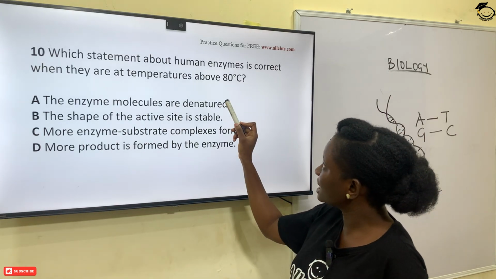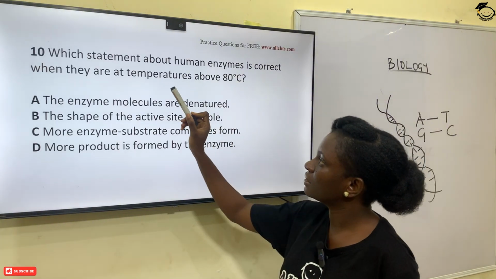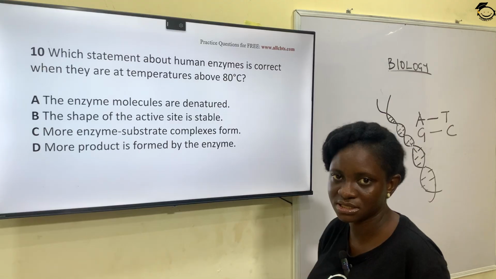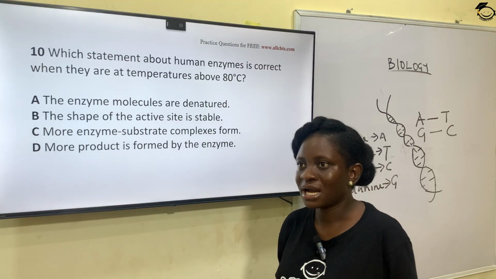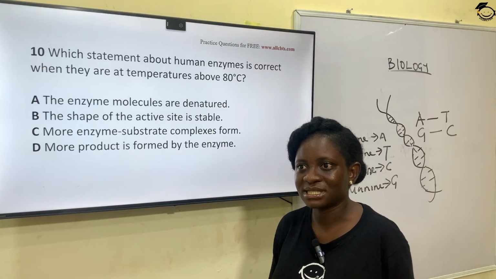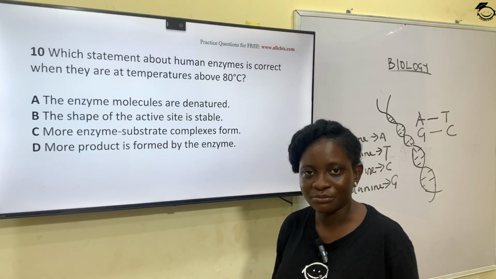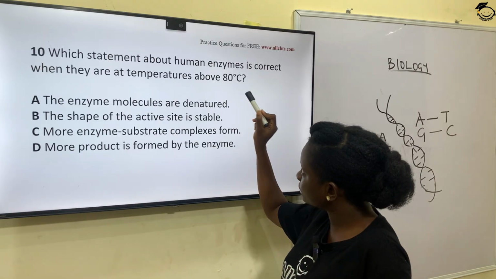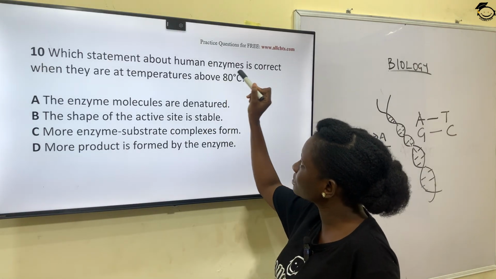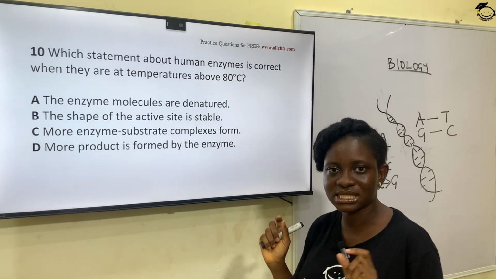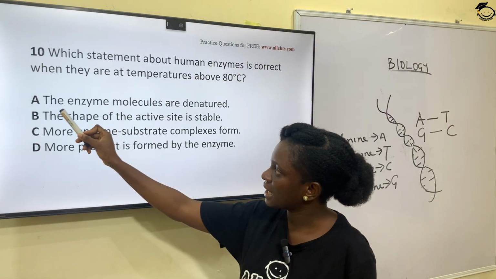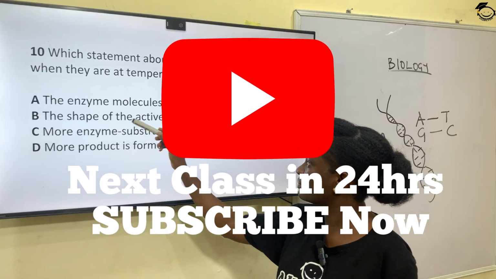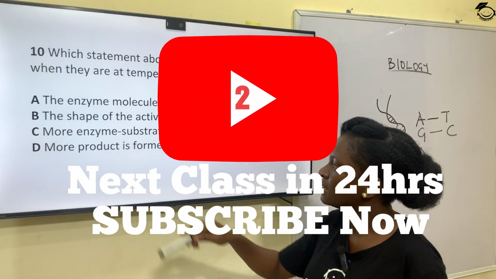So, which statement about human enzymes is correct when they are at temperature above 80 degrees C? You may want to ask yourself, are there no enzymes that still do well at high temperature? Yes, there are thermophilic enzymes, but looking at this question, it says human enzymes, so it's specific. Option A says the enzyme molecules are denatured. B, the shape of the active site is stable.